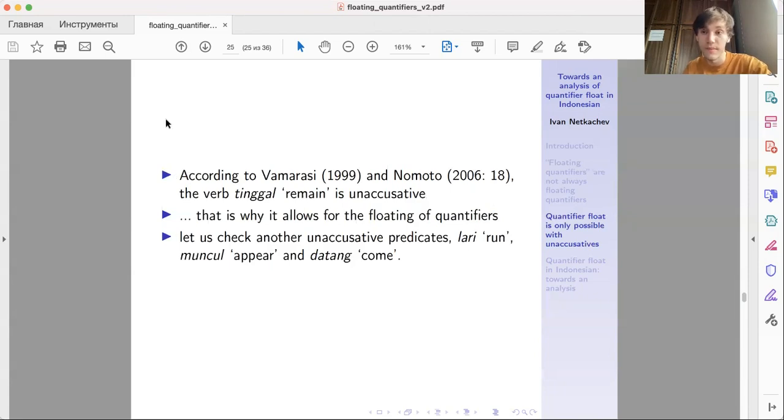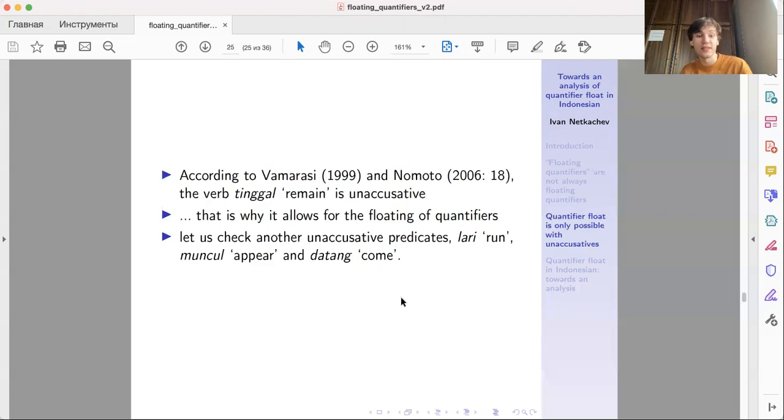According to the diagnostic which we've discussed recently, tinggal, remain, is unaccusative, and that's why it allows for the floating of quantifiers. I have no time to show you the testing procedure for the verb tinggal, but you just have to believe me that it is indeed unaccusative.